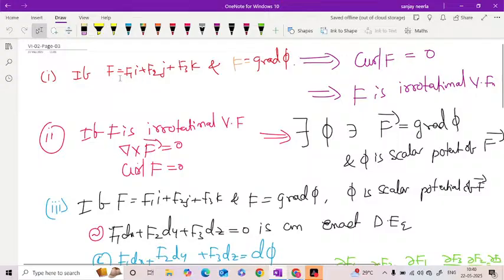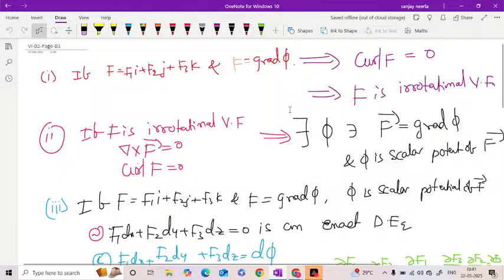Now if F is equal to F1 i plus F2 j plus F3 k and F is equal to gradient of phi, definitely this F must be an irrotational vector, or curl F must be 0, and this statement is an if and only if condition.